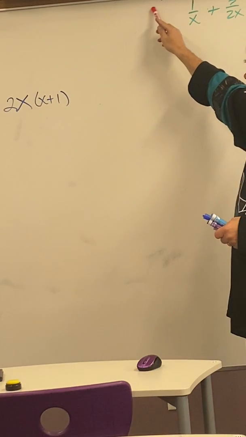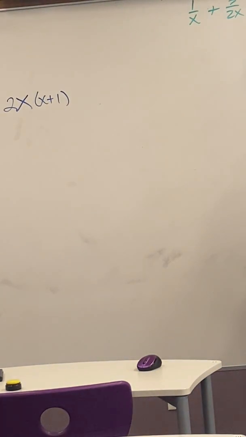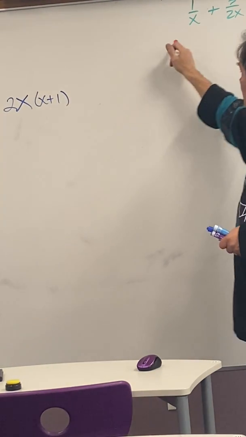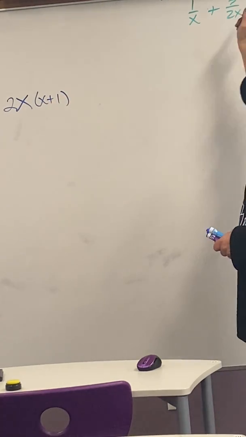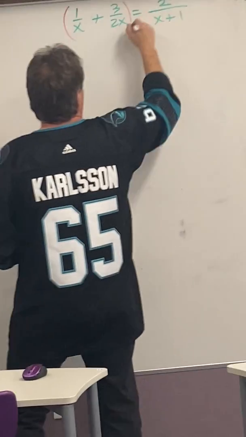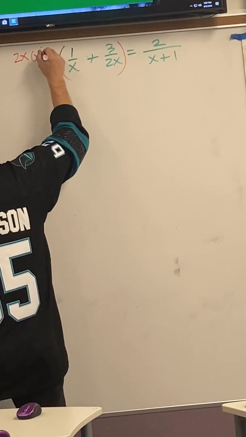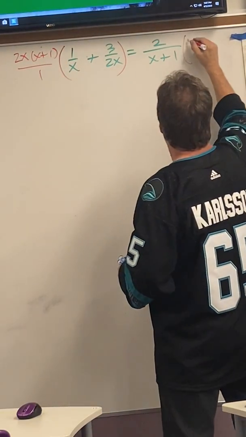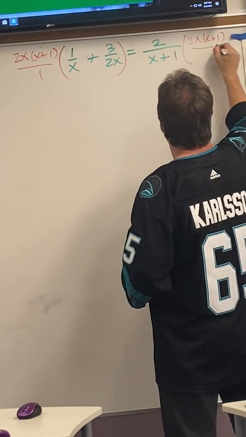I'm not doing this to make all the denominators the same. Instead, I'm going to multiply both sides of the equation by this, and it's going to cancel out the denominators. Let me show you. I get 2x times x plus 1 over 1, times the same thing here, 2x times x plus 1, the whole thing over 1.